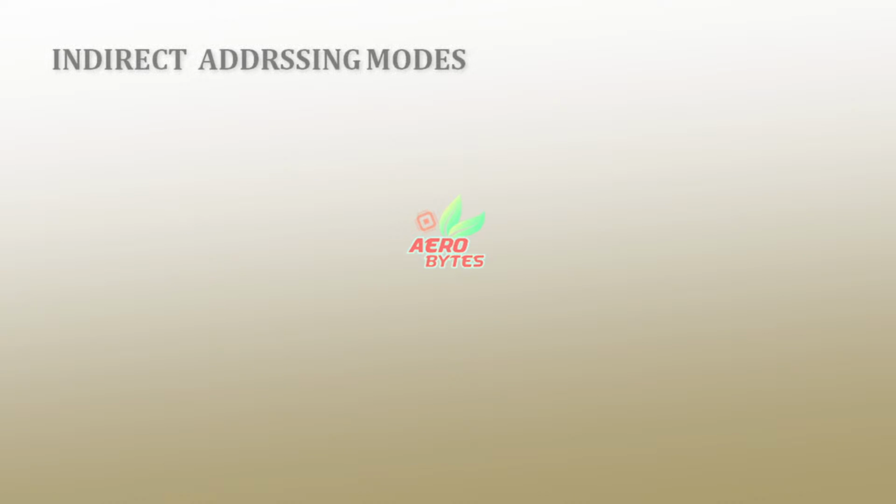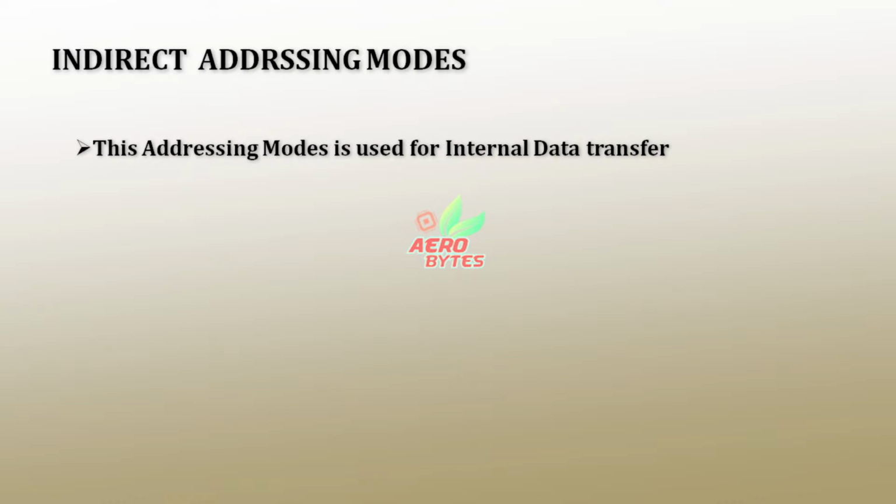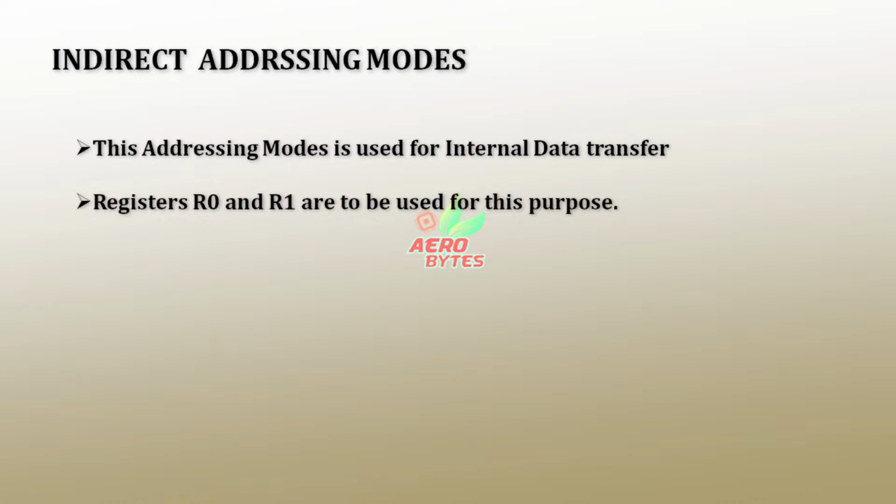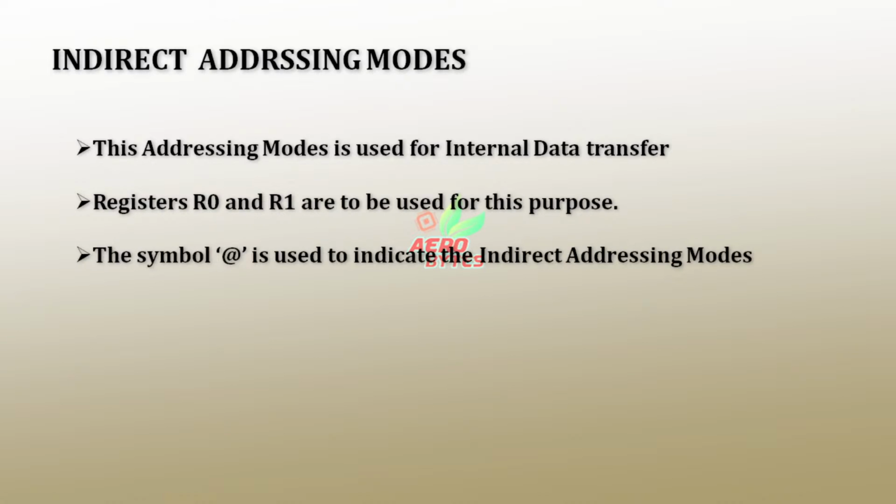Indirect addressing mode. In this addressing mode, internal data transfer is possible within the registers. The symbol @ is used to indicate the indirect address. For example, MOV @R0, A: the accumulator content is transferred to the location addressed by R0. For example, MOV R0, #25: the value 25 is transferred to the R0 register.